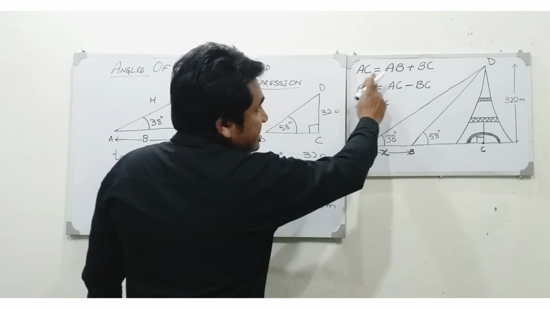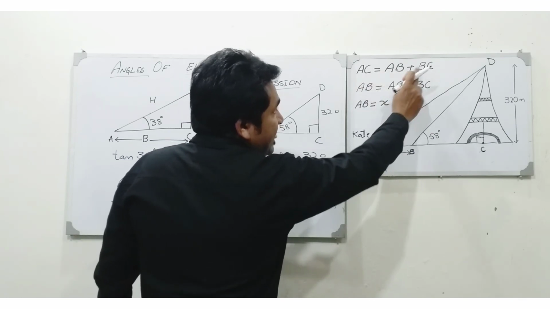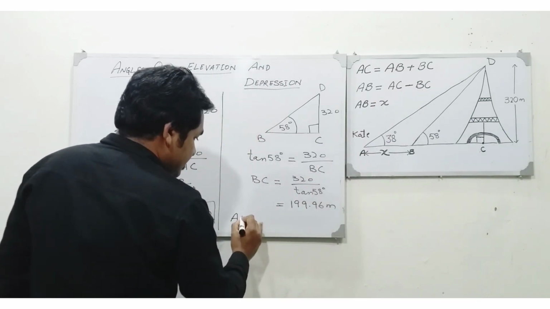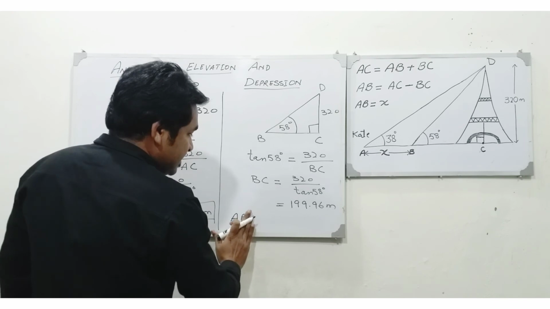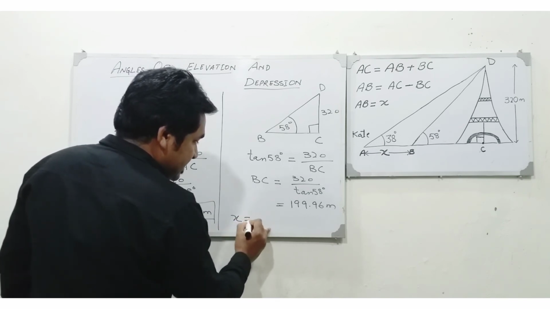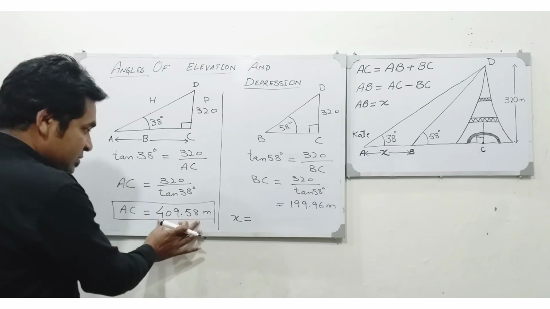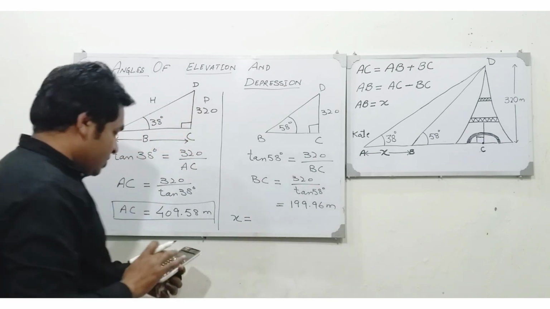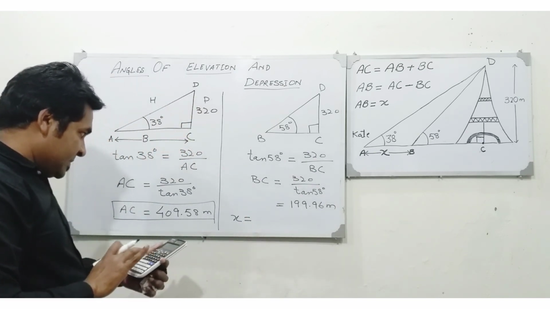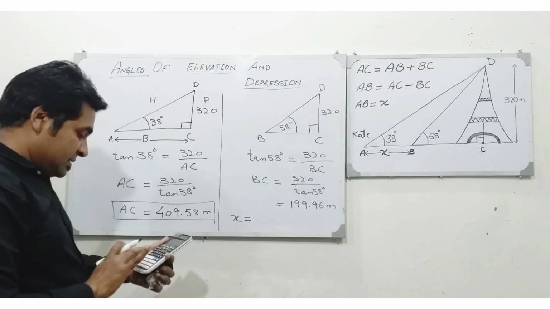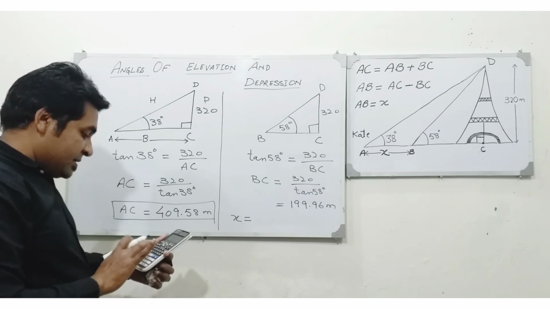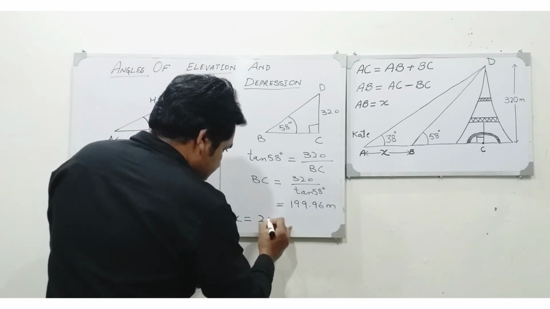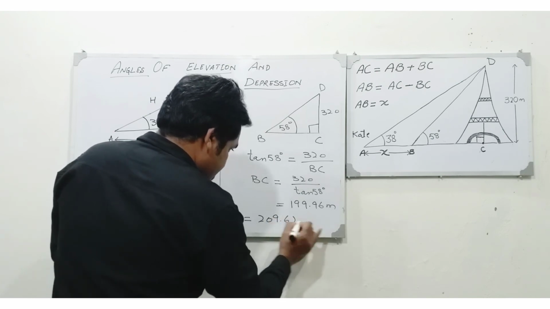Now we have to find the value of AB. I have written here AC is equal to AB plus BC, so AB is equal to AC minus BC. AB, which is actually X, is equal to 409.58 minus 199.96, and the answer is 209.62 meters.